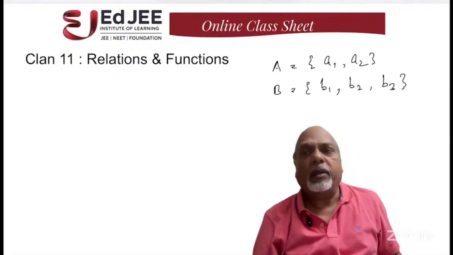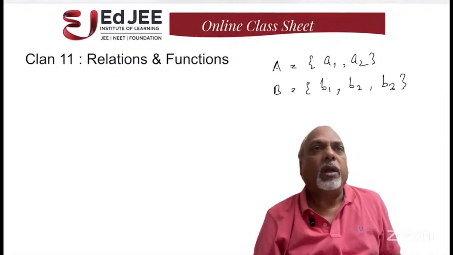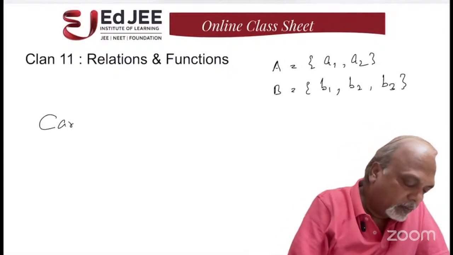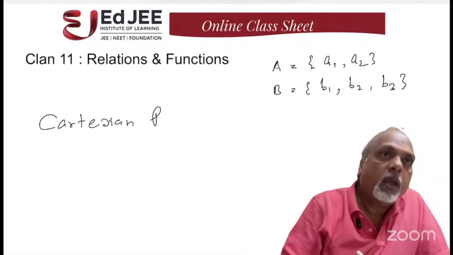नाउ लेट अस लर्न अबाउट व्हाट इज कार्टेशियन प्रोडक्ट ऑफ सेट्स. Cartesian products of sets.